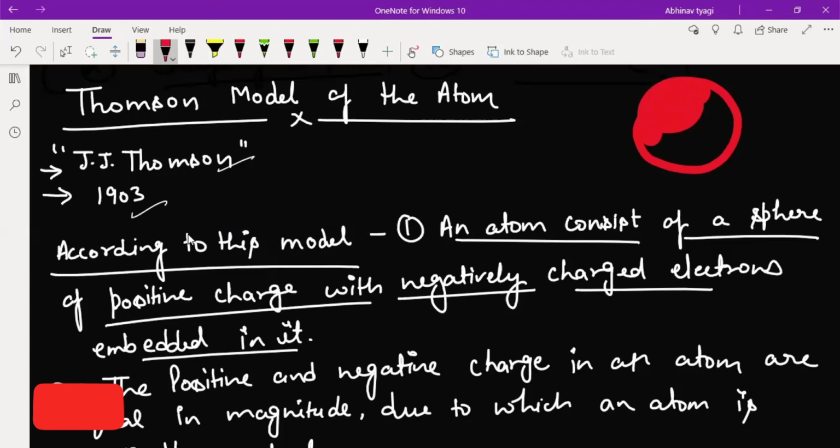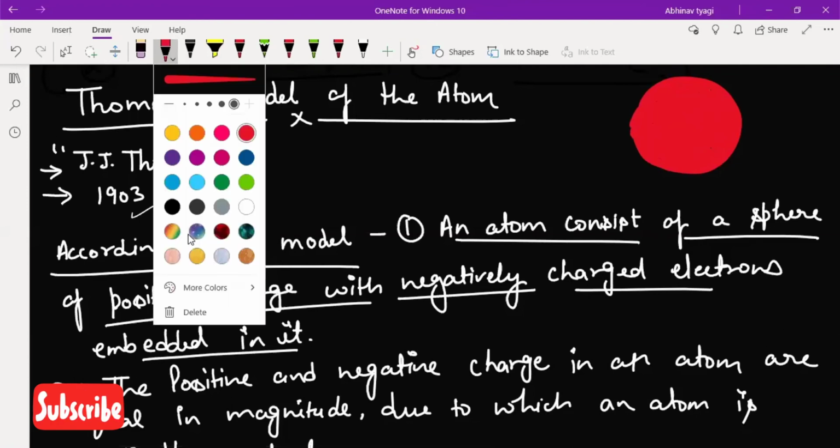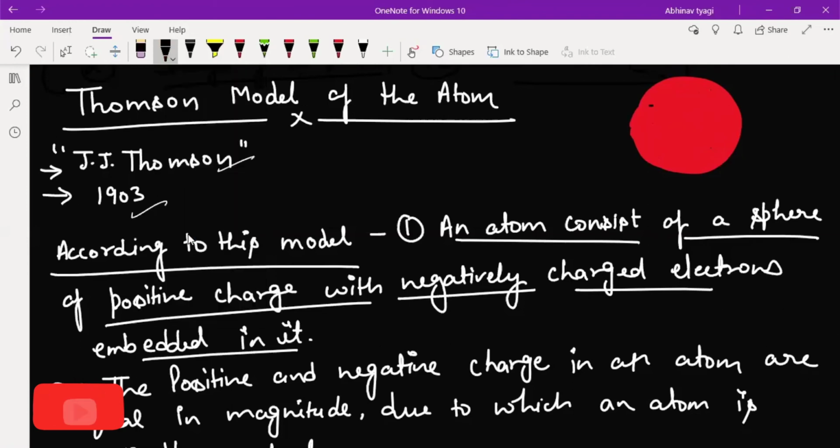The negatively charged electrons are embedded in it. The red area is the positive charge, and the black color represents the electrons, while the reddish area represents the positively charged protons.